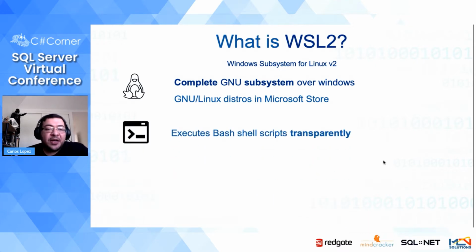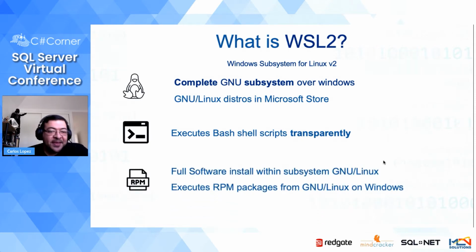You can execute Bash. You can run any script transparently. That's great. And you can run any tarball package or RPM. You can run it whatever way you install on Linux as bare metal. You can do it as a virtual machine on this WSL.